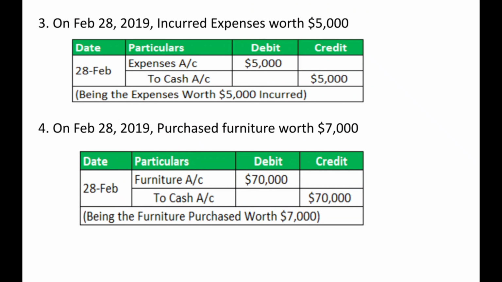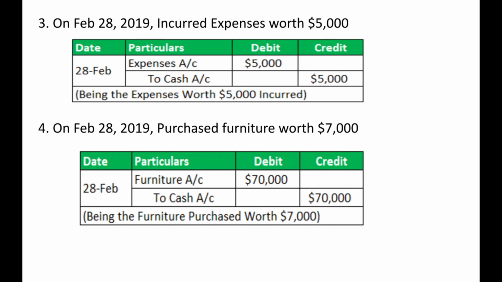The third transaction is on February 28, 2019: incurred expenses worth $5,000. Those expenses may be stationery expenses, office expenses, whatever they may be.